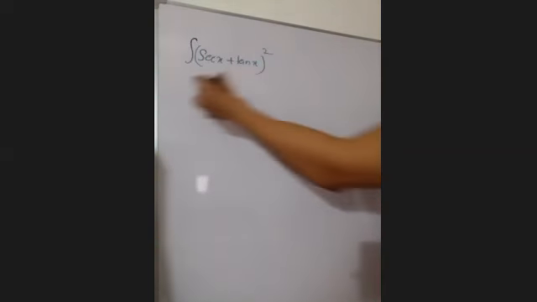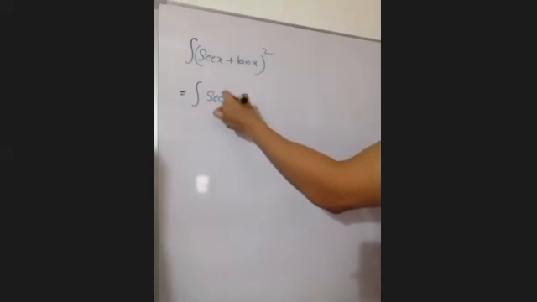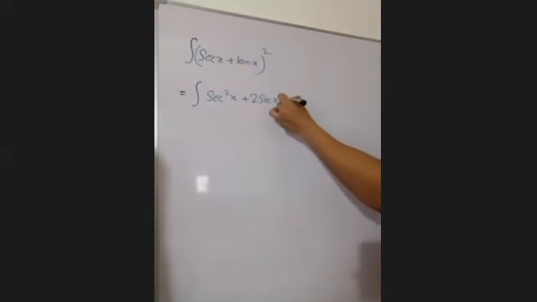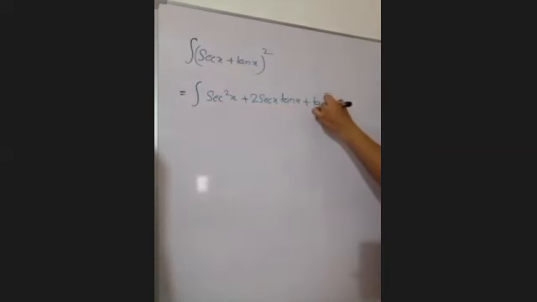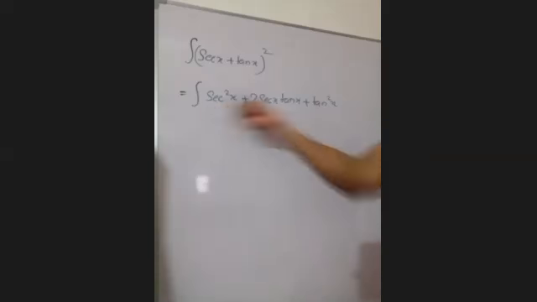The simple way is to expand the brackets: sec squared x plus 2 sec x tan x plus tan squared x.